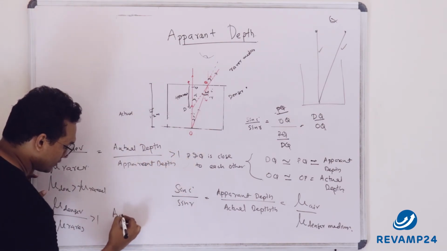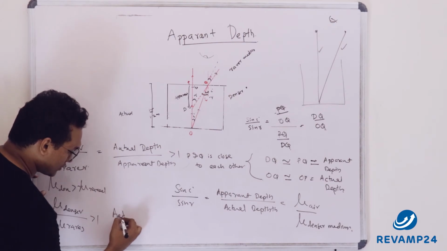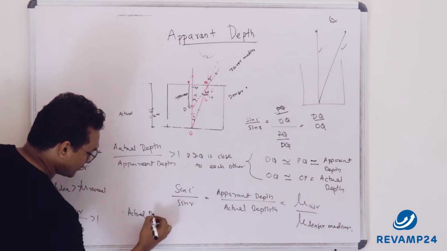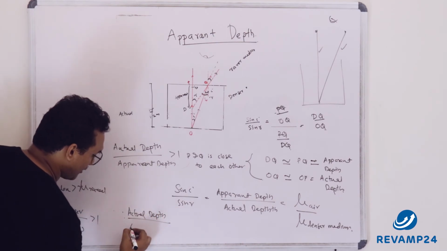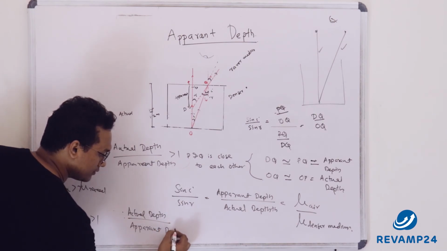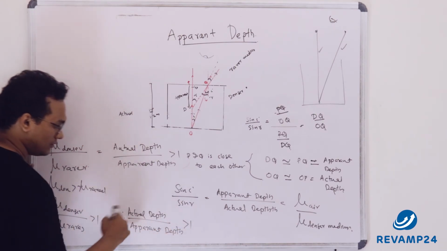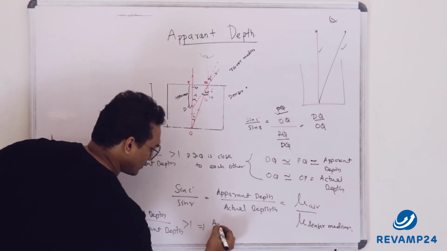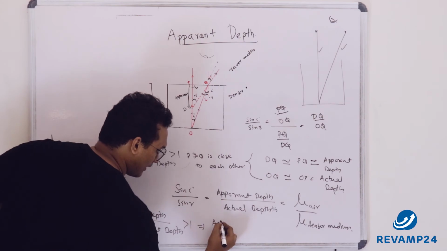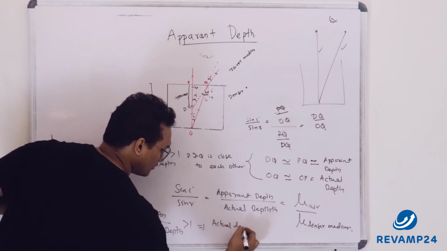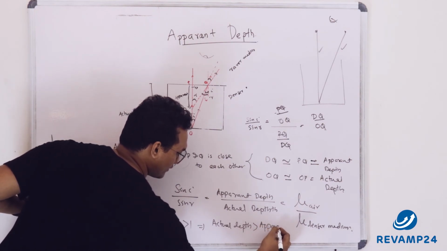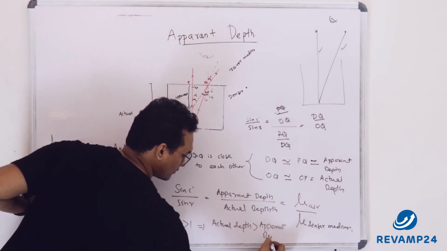So actual depth by apparent depth is greater than 1. This says that, just cross multiply, actual depth is greater than apparent depth.